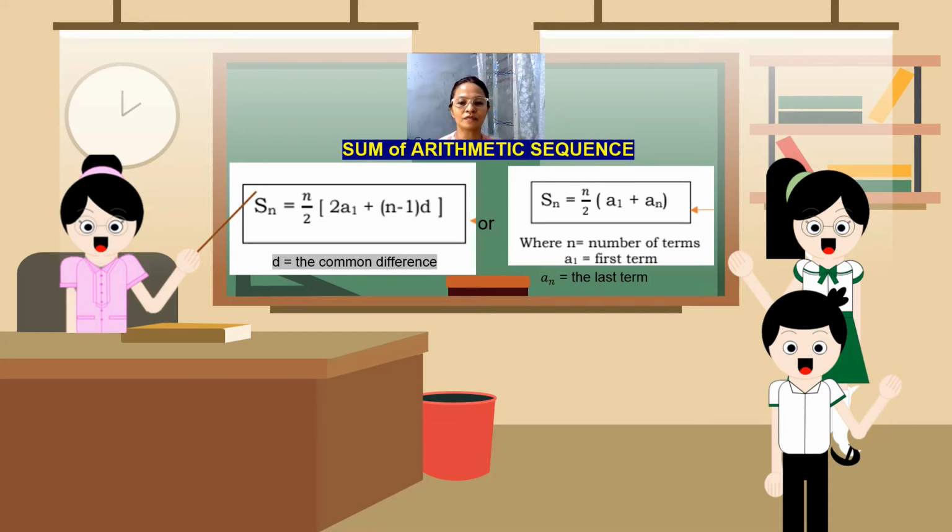N is the number of terms, a sub 1 is the first term, and a sub n is the last term. Or you can also use the second formula, S sub n equals n divided by 2 times the quantity of the first term plus the last term.